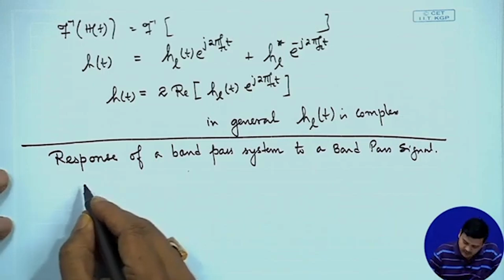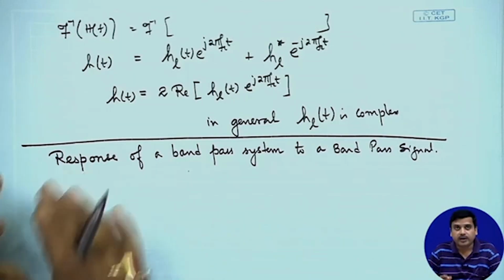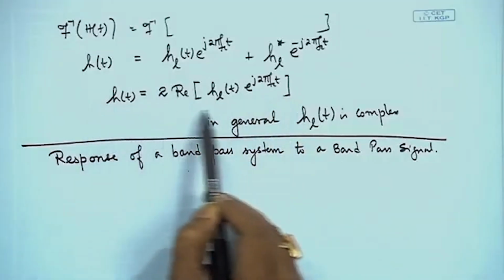So, we would say that the output now, since we know that the relationship between the pass band and the equivalent low pass has this kind of a structure, right. In both the cases we have seen, what we have with us is a signal in the pass band and a channel in the pass band. So, the output will also be in the pass band.